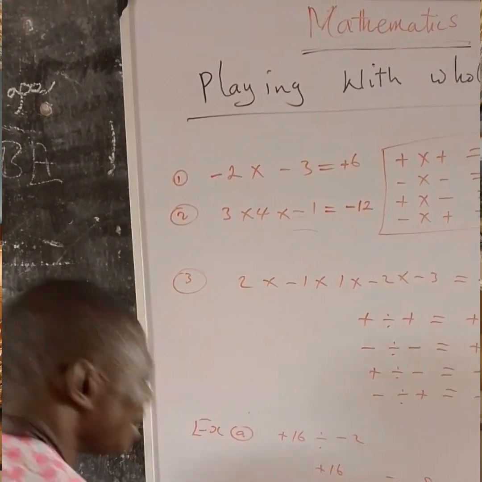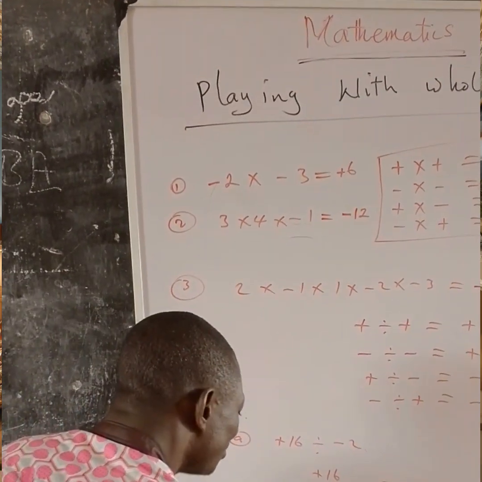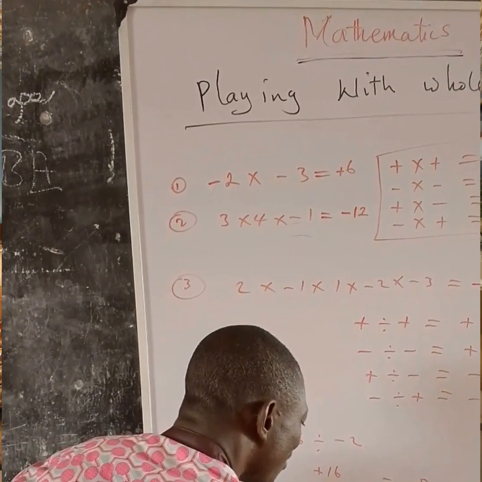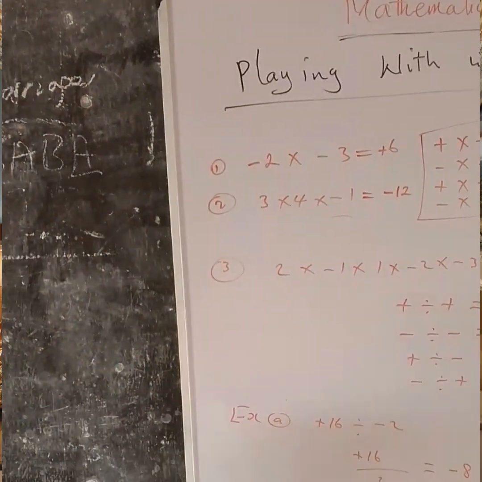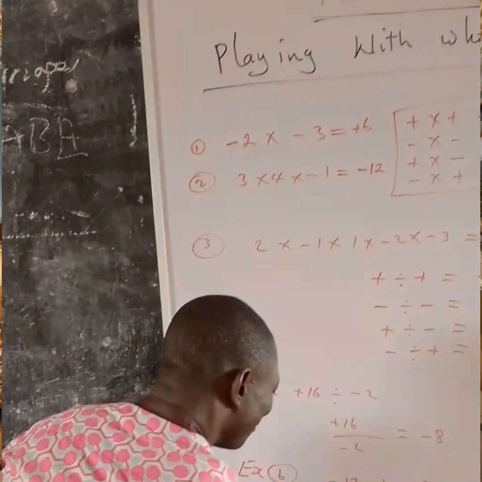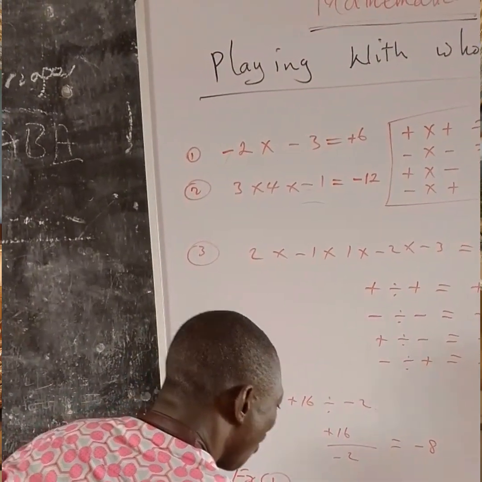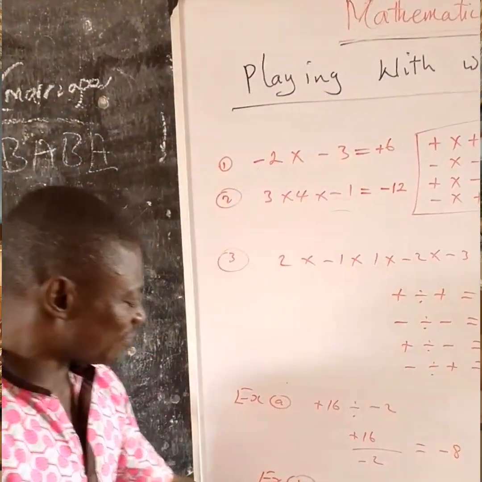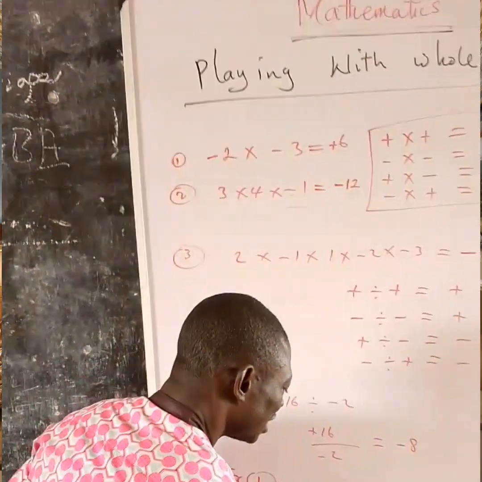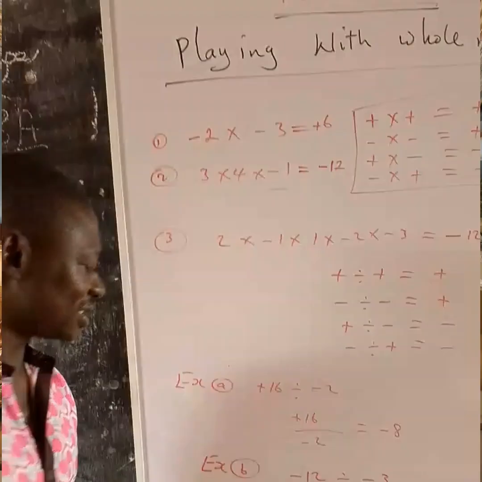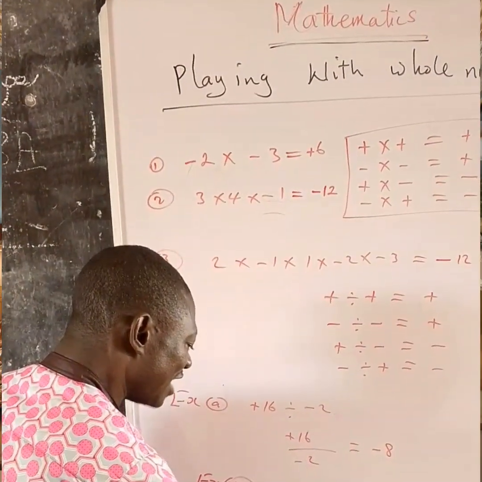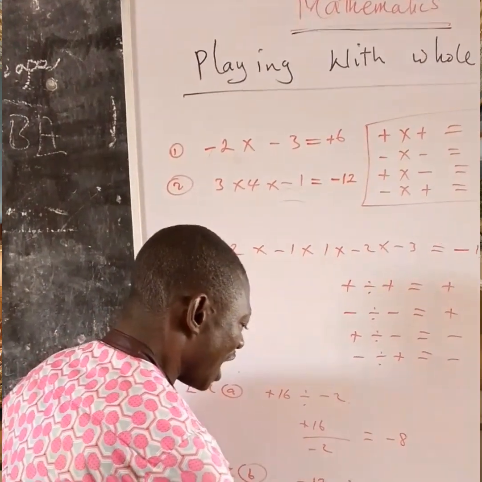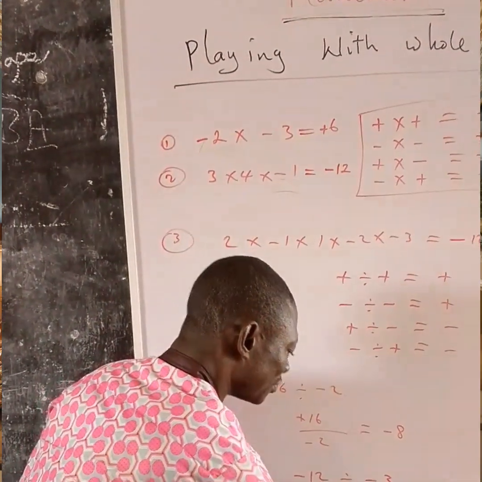If we have minus 12 divided by minus 3, that is going to give us minus 12 all over minus 3. What does it mean? Minus divided by minus, we are sure that the answer is going to be positive. Plus, and 3 divides 12, it gives you 4. And therefore our answer is plus 4.